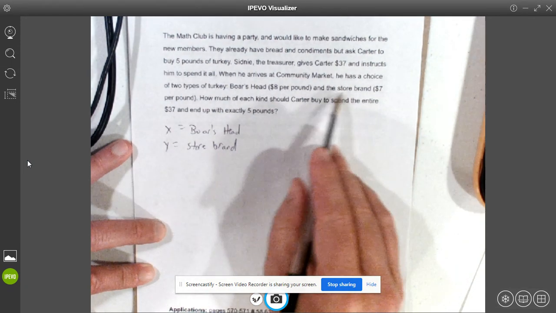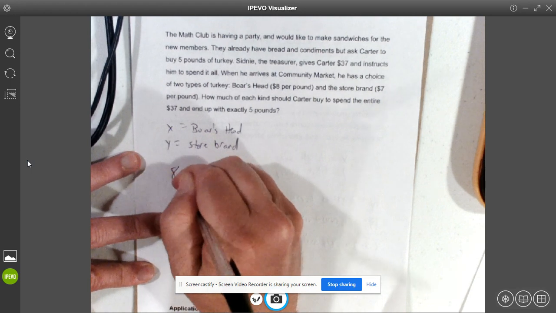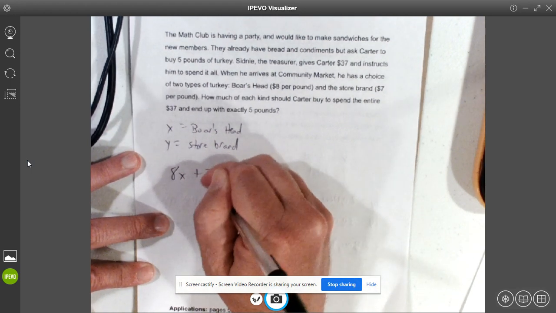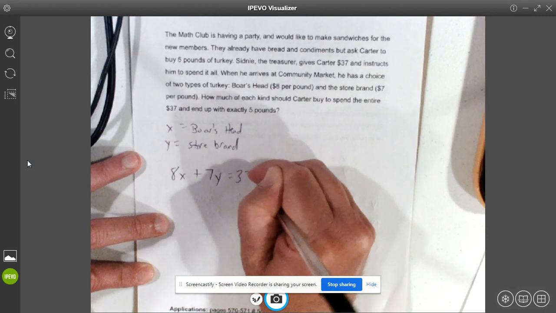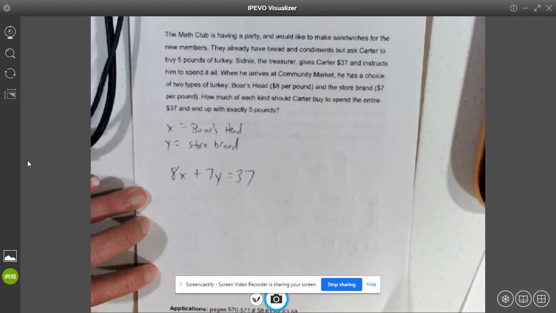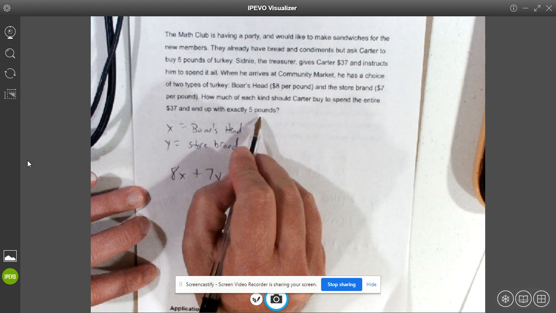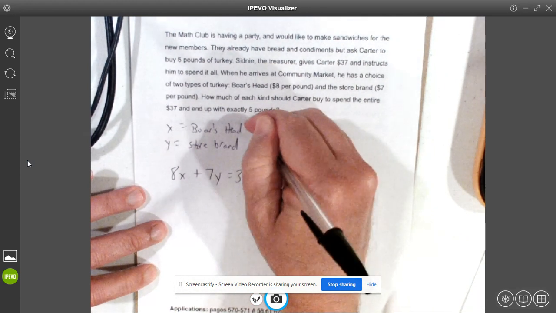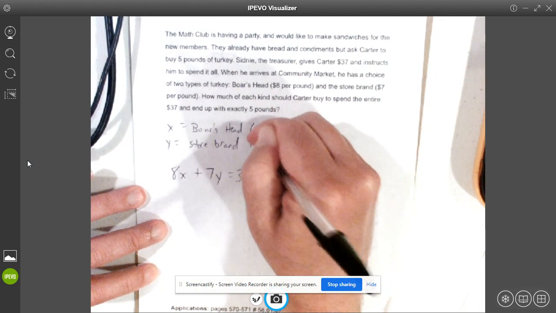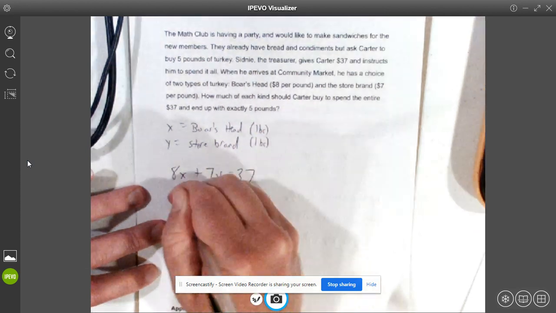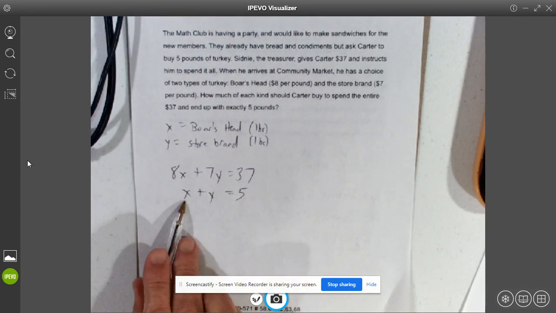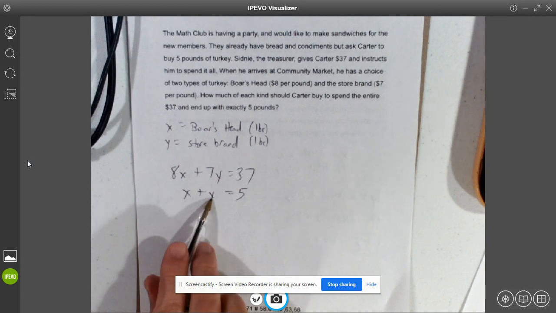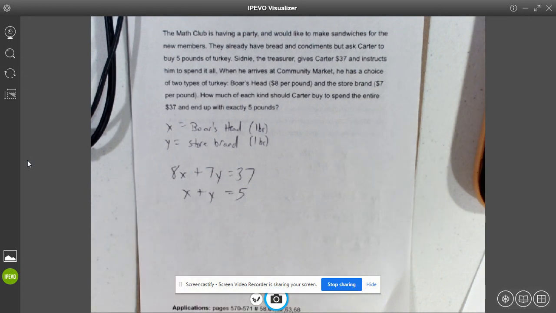Where's that coming from? $8 per pound for Boar's Head and $7 per pound for the store brand to spend exactly 37. And then he also wants to get exactly 5 pounds. These were both pounds up here, I probably should label that. So whatever X plus Y is has to equal 5. How much ever he gets here plus whatever he gets of the store brand has to equal 5 pounds.